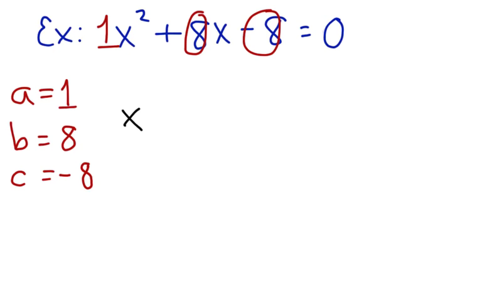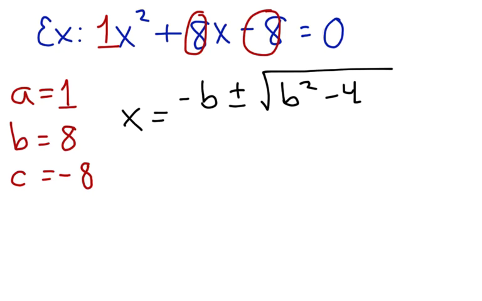And then I just like to write down the formula every time. So negative b plus or minus the square root of b squared minus 4ac all over 2a. And then we'll start plugging in our values.